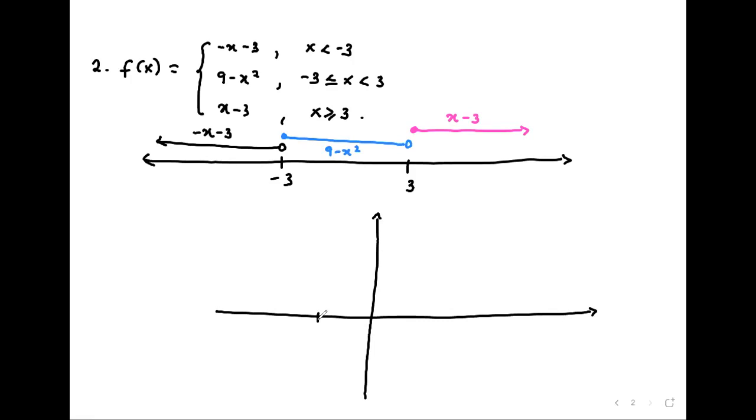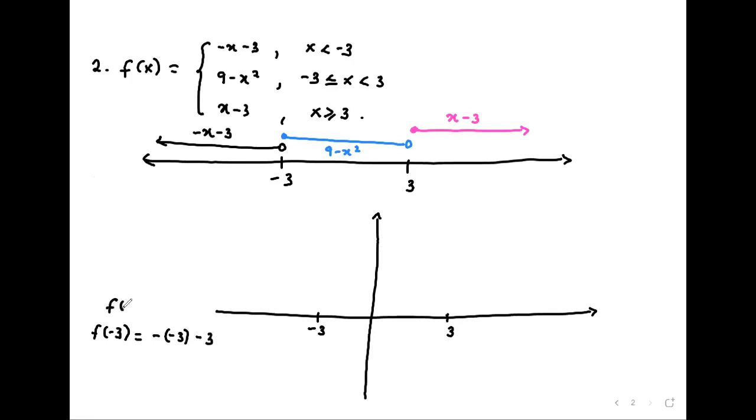So we have -3, we have +3. Before -3, we have -x minus 3. So we'll get -3 itself as our boundary number. So what is f of -3?